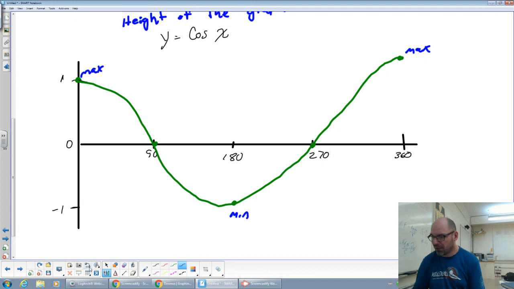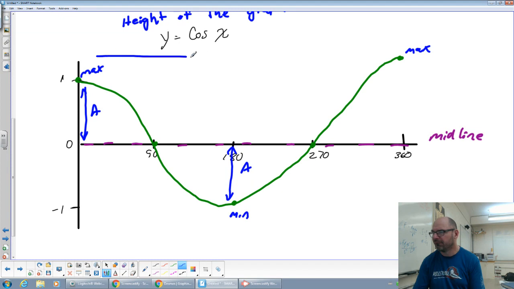We still have the midline right here. We still have the amplitude in there as well, and we still have the period.